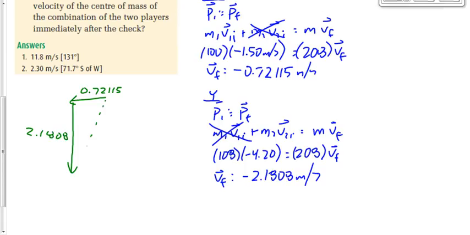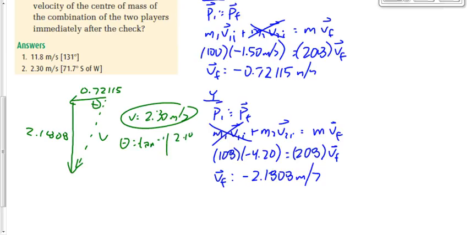There's my resultant vector that we want to find, and there's theta. So we solve for V using the Pythagorean theorem, and we get 2.30 meters per second. And we solve for theta using the inverse tan function, 2.18 over 0.72. And we end up getting 71.7 degrees.